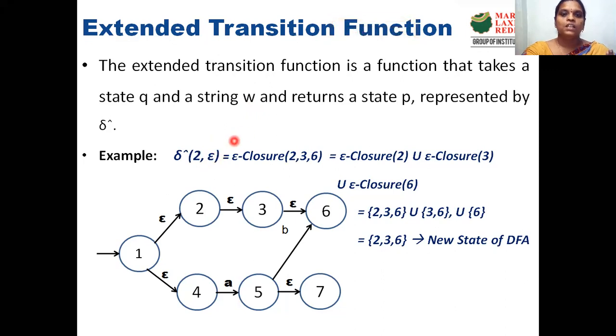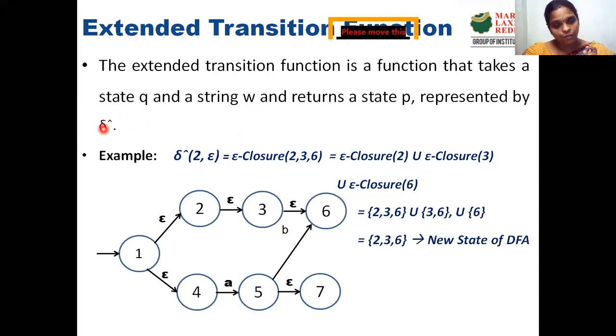Now we'll see the transition function on delta cap of 2 comma epsilon. Another important point here is that the transition function is simply represented by delta, whereas the extended transition function is represented by delta cap.